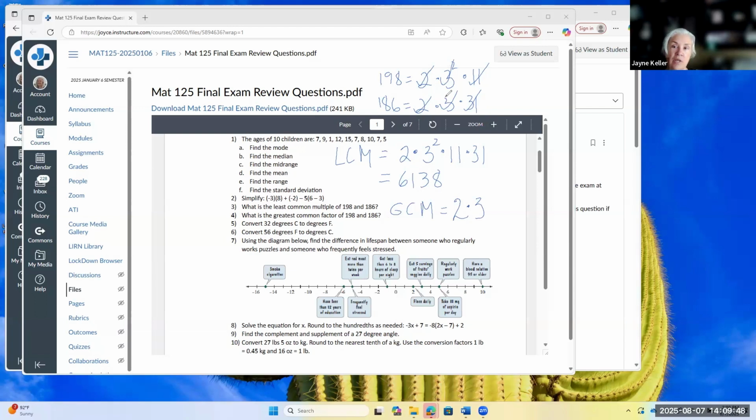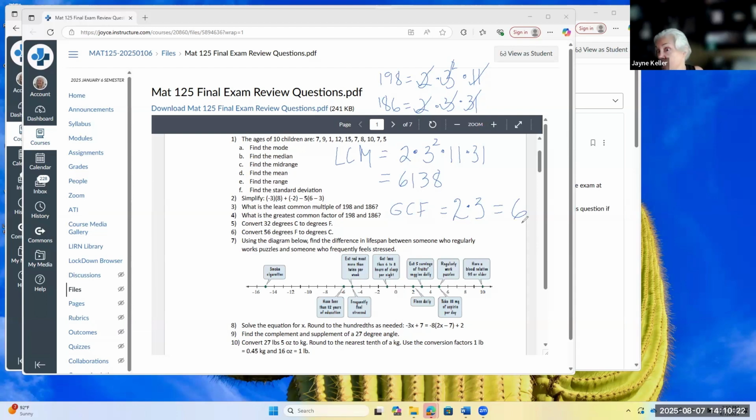This one only has the 11, so I'm not going to include it. And this one only has the 31, so I'm not going to include that. Whoops, I put GCM. I meant to put GCF. Sorry for being confusing. They share a 2 and they share a 3, so the greatest common factor is 6.